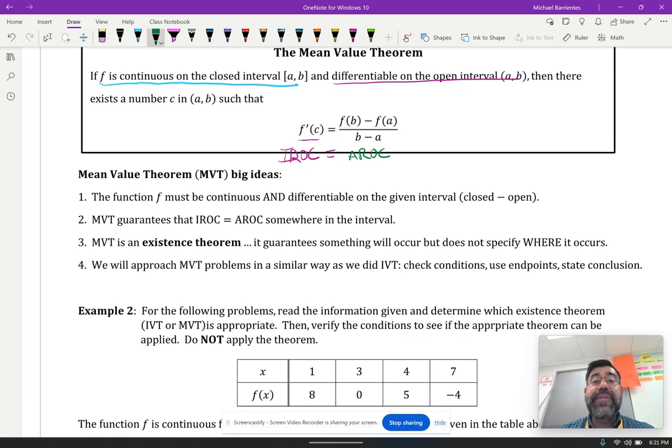So there are two conditions: the function is continuous on the closed interval and differentiable on the open interval between the endpoints. If those two conditions are met, we are guaranteed that there is a point where the IROC is equal to the AROC.